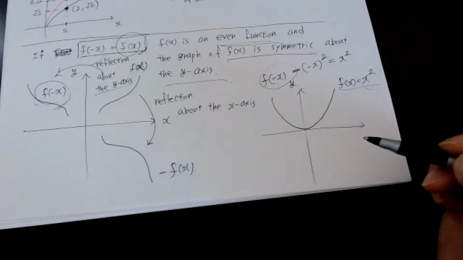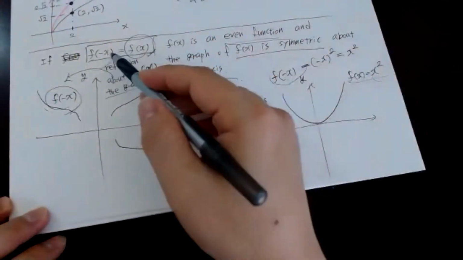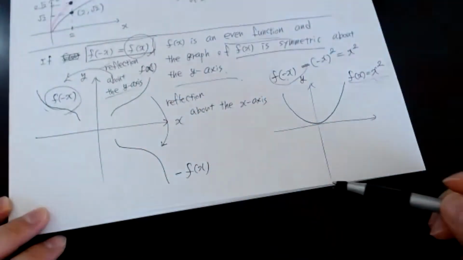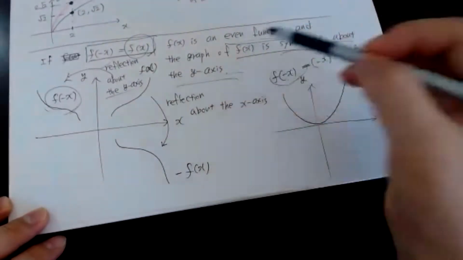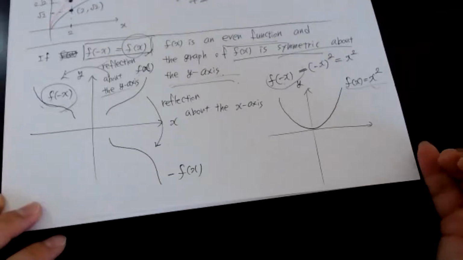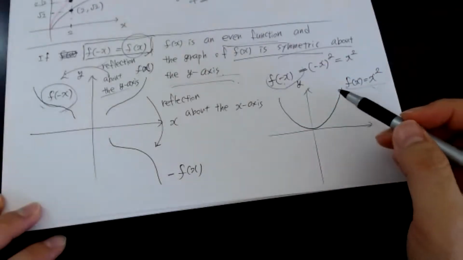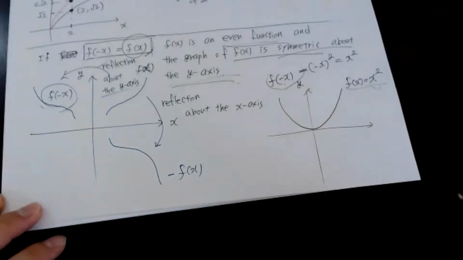So if a function is even, f of negative x equals f of x, then the graph of f of x is symmetric about the y-axis. Symmetric about the y-axis means that when you flip the graph of f of x about the y-axis, we still get the same graph as the original.